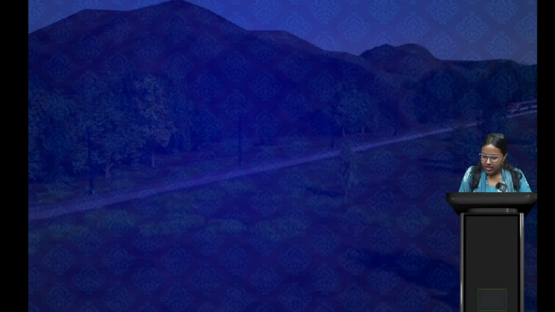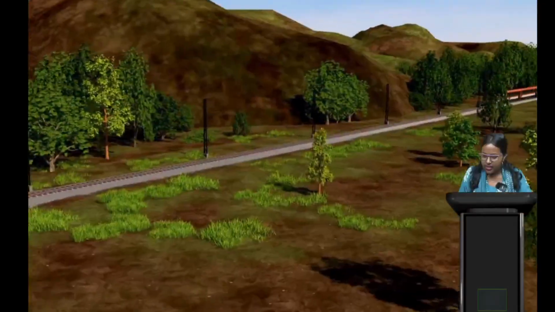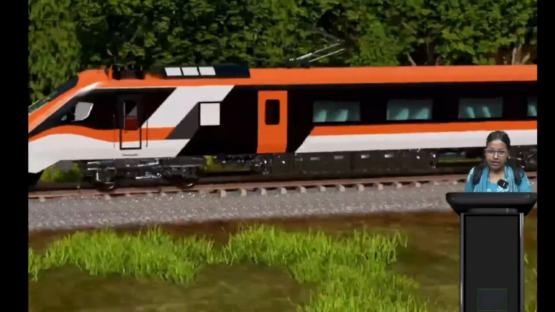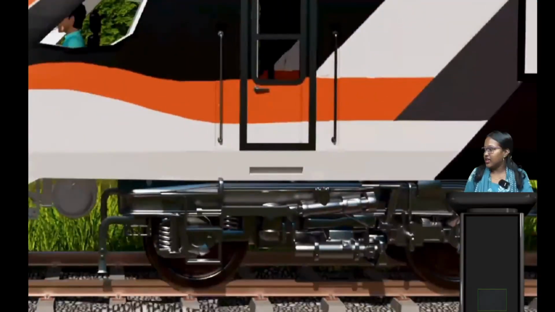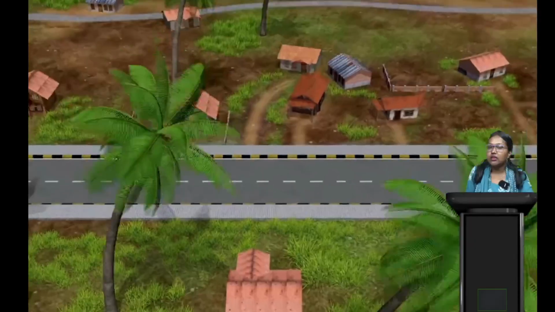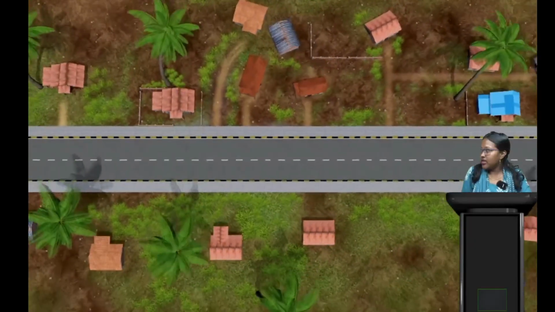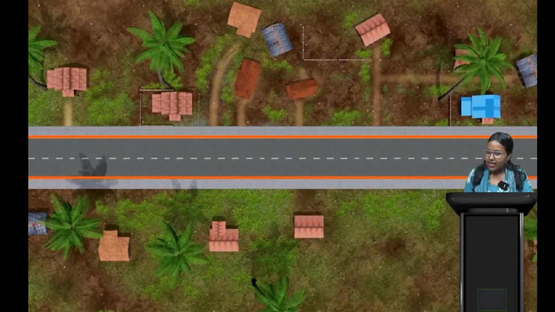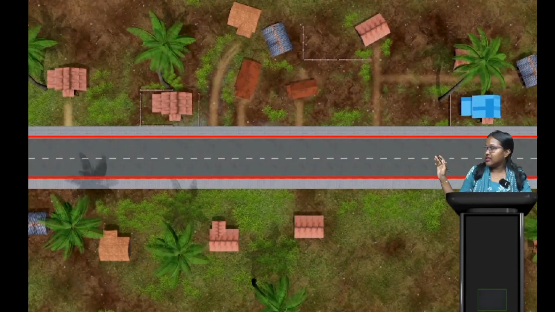So you can see on your screen one express train is running, right? So why are we noticing this? Very soon you are going to know. Here you can see one beautiful, clean road, right? Two nice straight lines.